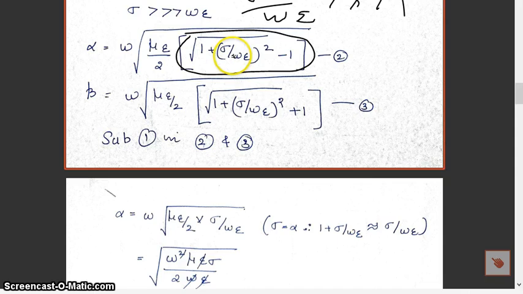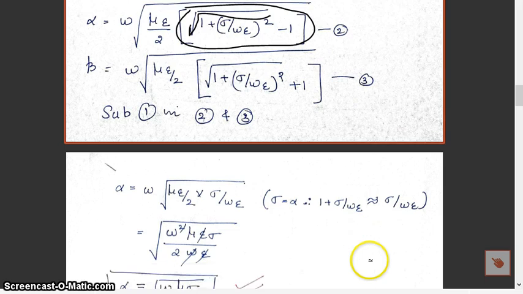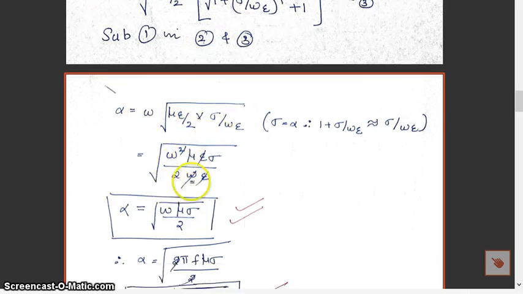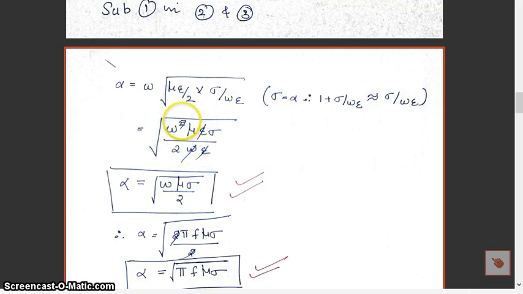Omega epsilon the whole square, and that whole square is inside the square root. So what happens? It will be equal to sigma by omega epsilon. So I am taking this omega square inside. So finally omega and omega square cancel, epsilon cancel.